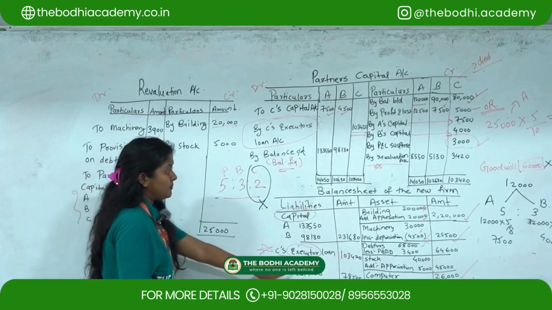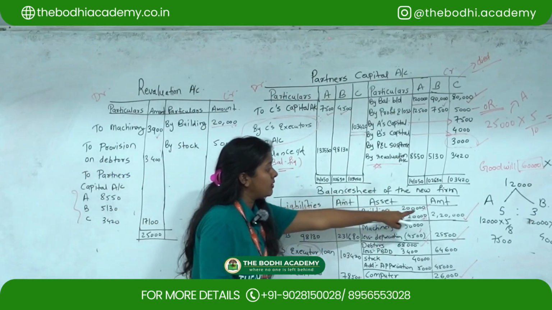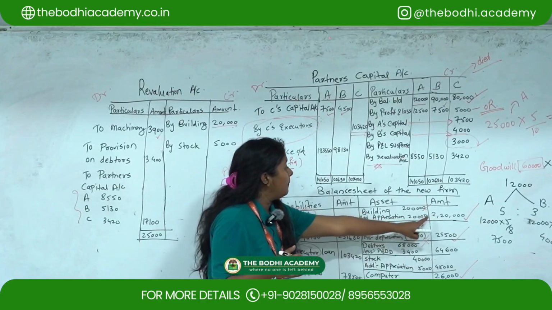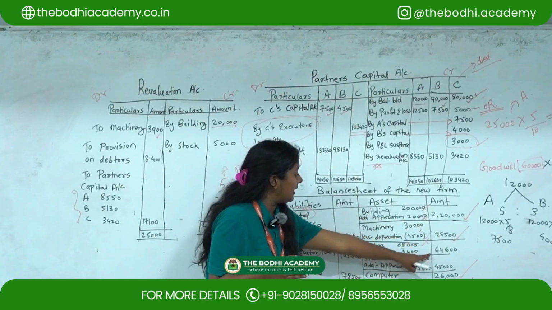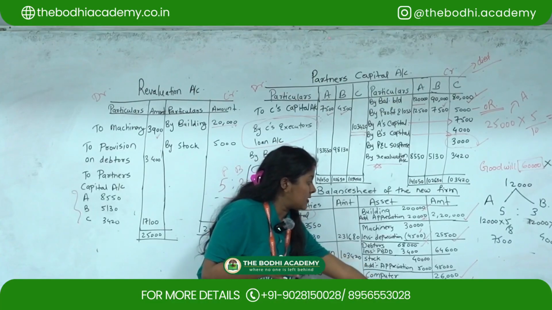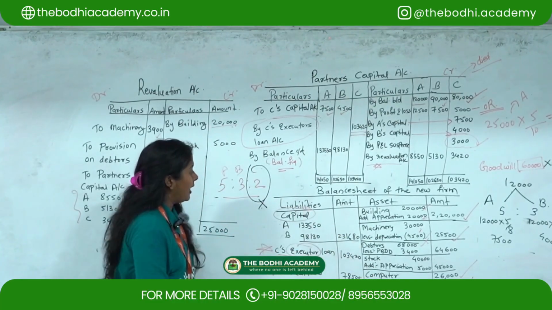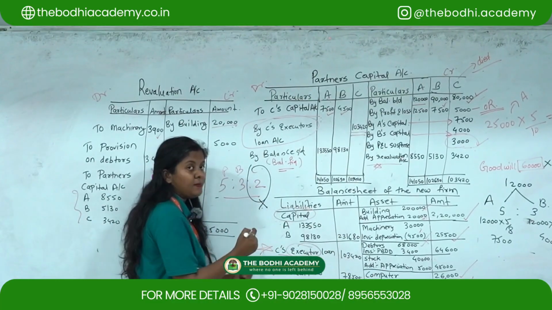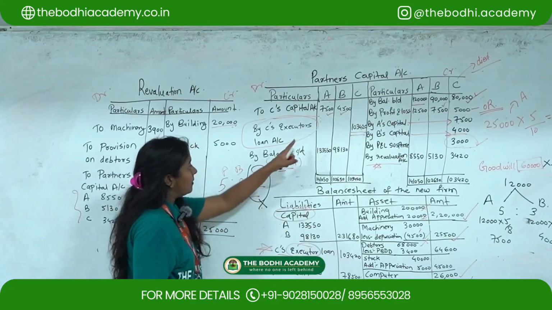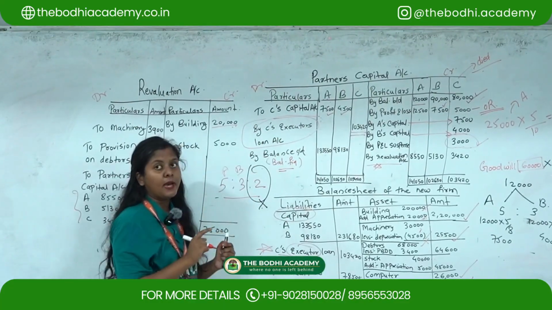Okay, so after that we also saw building, machinery, debtors, stock, computer, cash in hand, profit and loss suspense account in this balance sheet. And with regards to capital, you have to keep in mind such things, that is with regards to executors and the capital, and the balancing figure with regards to partners capital account.